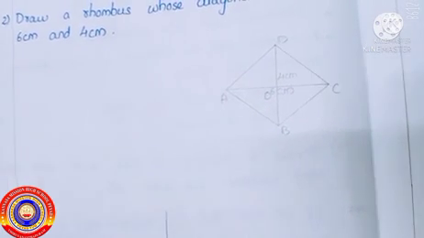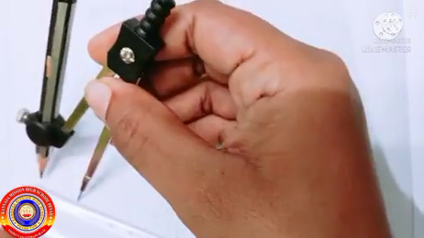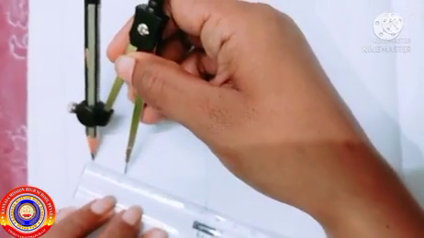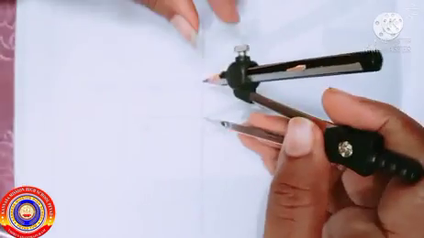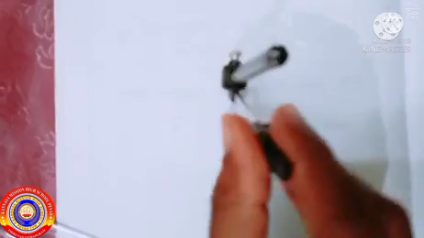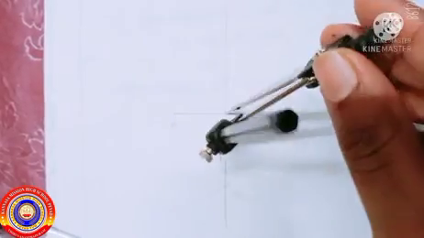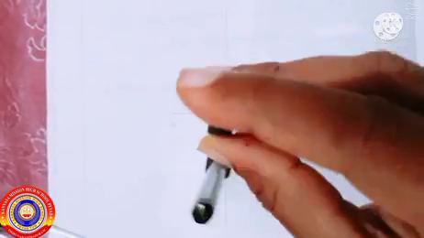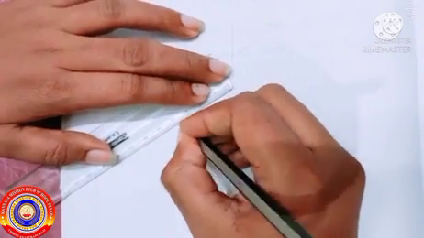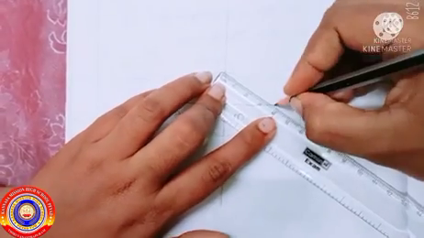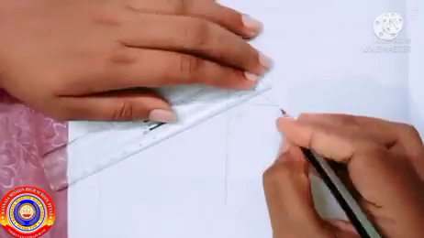So, for drawing this diagonal, take half of 4, that is 2 cm. So, using a compass, measure 2 cm and place the compass at the center and draw an arc on the perpendicular bisector on both sides, and then join all these points, that is, draw lines AB, BC, CD and AD.